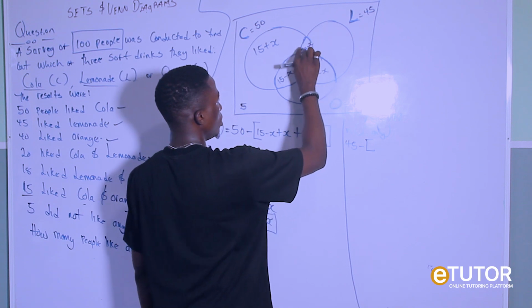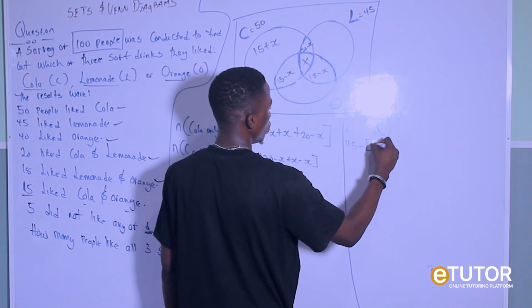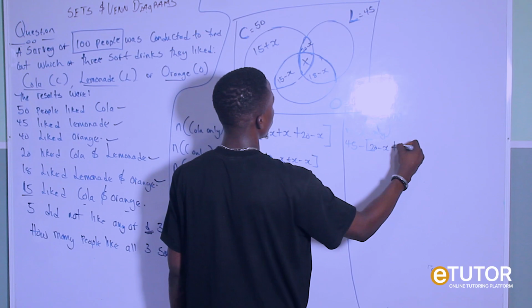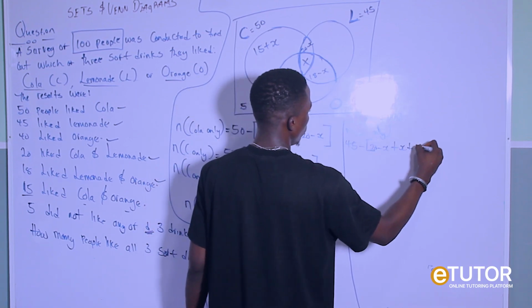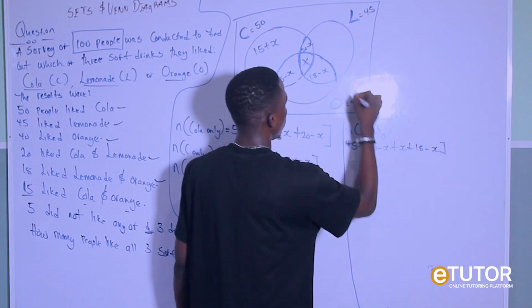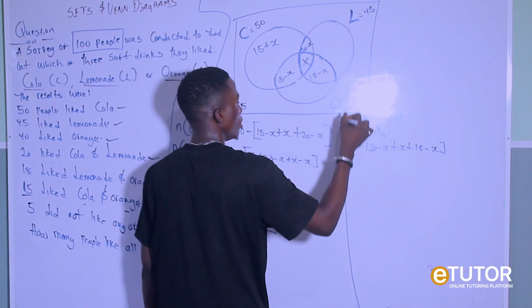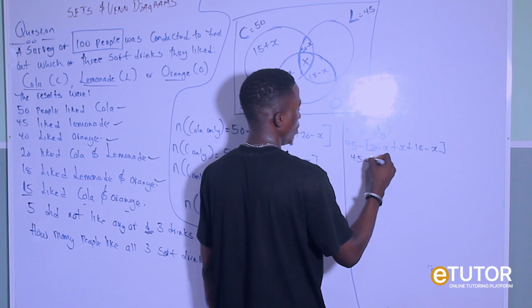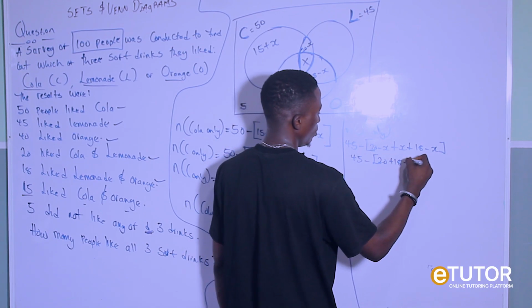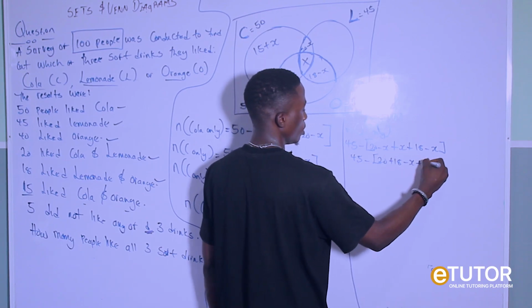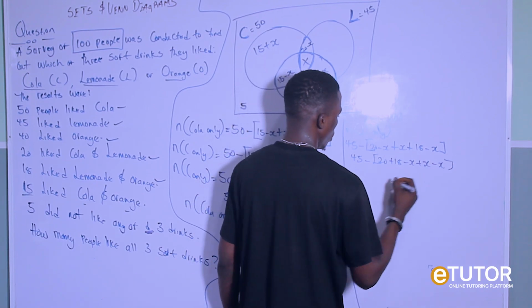the bracket of lemonade is this. So that is 20 minus x plus 18 minus x. That's the bracket, that's the circle of lemonade. So we have 45 minus, collect your like terms, that is 20 plus 18 minus x plus x minus x.